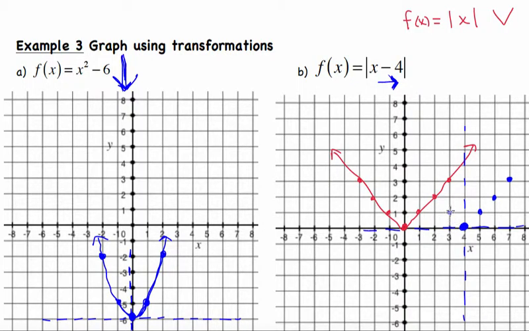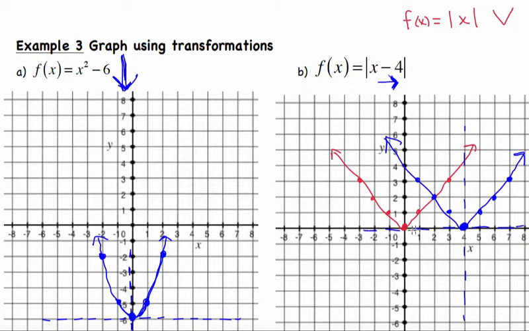And then we do back 1, up 1, back 2, up 2, back 1, 2, 3, up 1, 2, 3, and then connect. So literally we have our absolute value of x function shifted to the right 4 units.